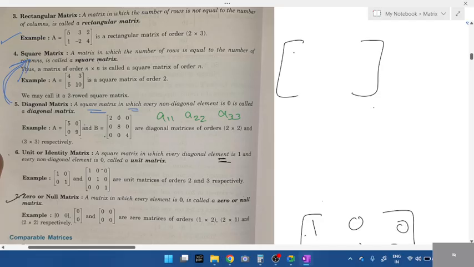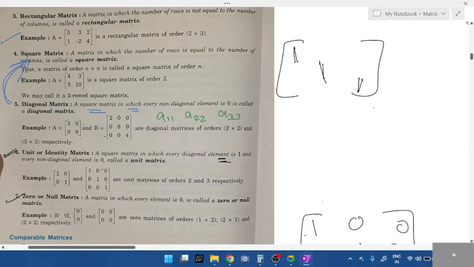Yes, the diagonal element is always one. And unit matrix is very important, students. When we solve questions, you'll understand. Is this clear? In a unit matrix, sorry, the identity matrix, the diagonal elements are always one. In a diagonal matrix, it can be anything: positive, negative, zero, anything.